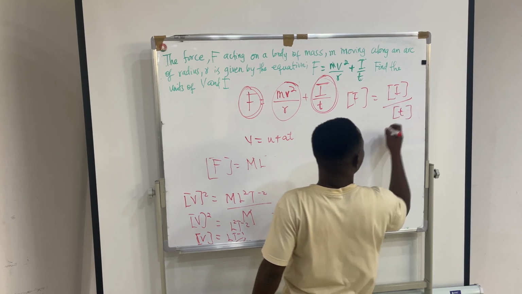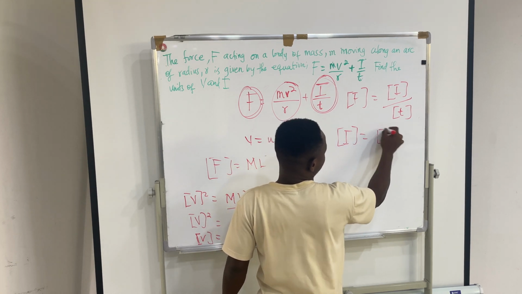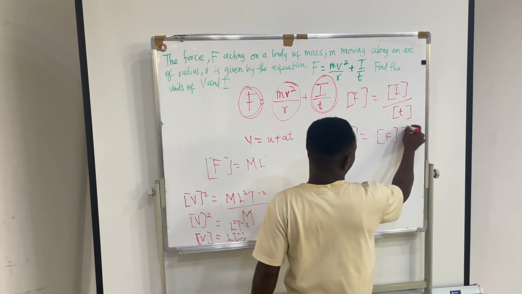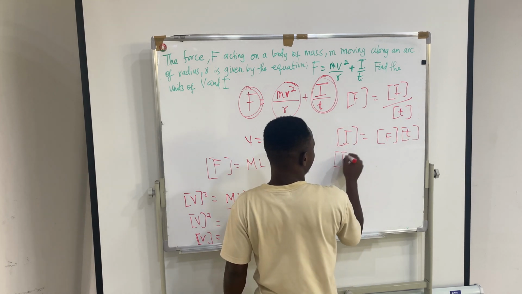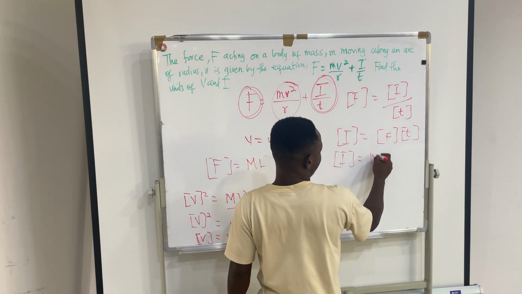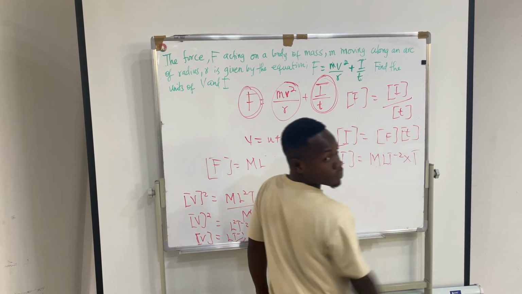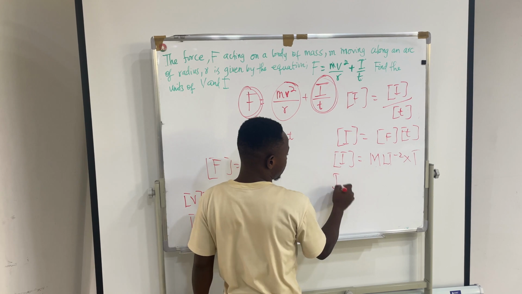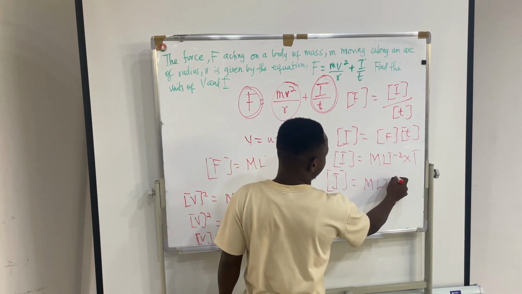So if I make the dimensions of I the subject, I'm going to get the dimensions of I being equal to the dimensions of F times the dimensions of t. So the dimensions of I is going to be equal to M L T minus 2 times T. So I'm going to have the dimensions of I being equal to M L T minus 1.